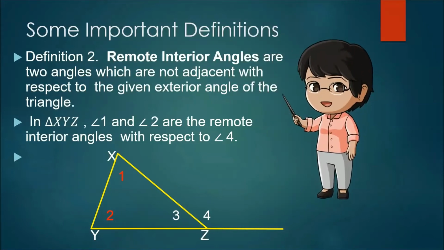Definition 2. Remote interior angles. Remote interior angles are two angles which are not adjacent with respect to the given exterior angle of the triangle. In triangle XYZ, angle 1 and angle 2 are the remote interior angles with respect to angle 4.